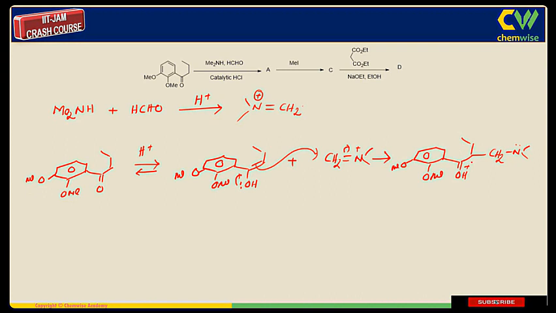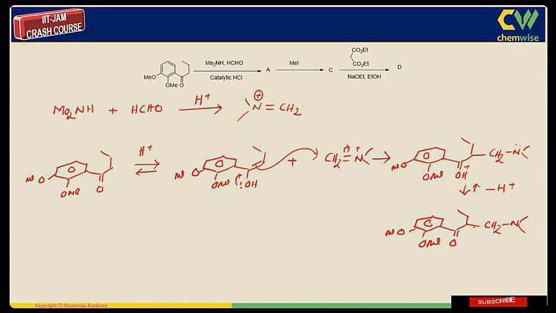Okay, so minus H plus will form this Mannich product, double bond O, CH2.